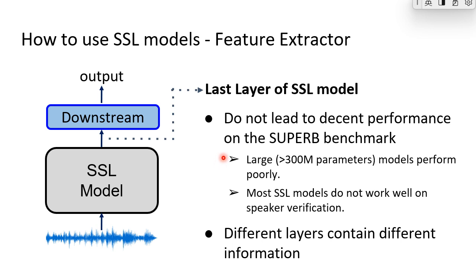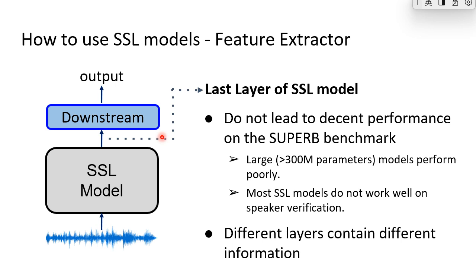And we found that with only using the last layer, most self-supervised models do not work well on speaker verification. And this is probably because different layers contain different information. Only taking the last layer as the input of the downstream task is not sufficient.